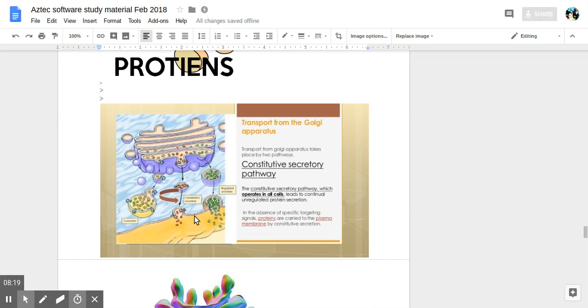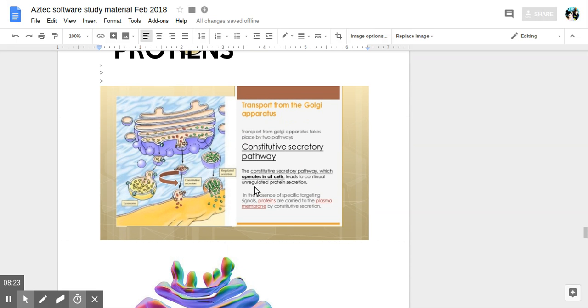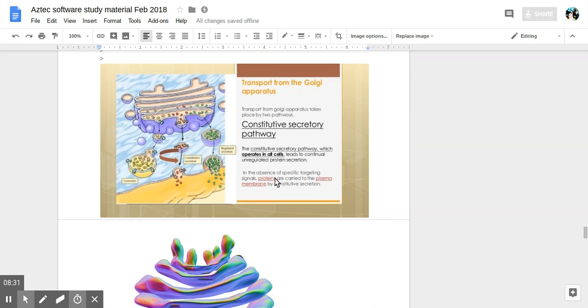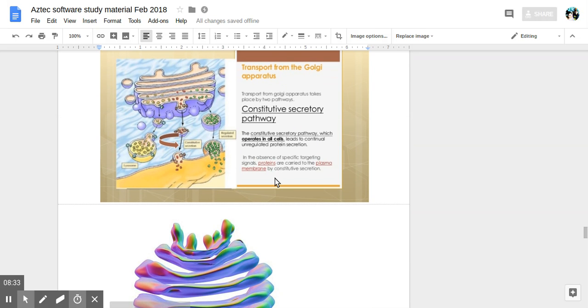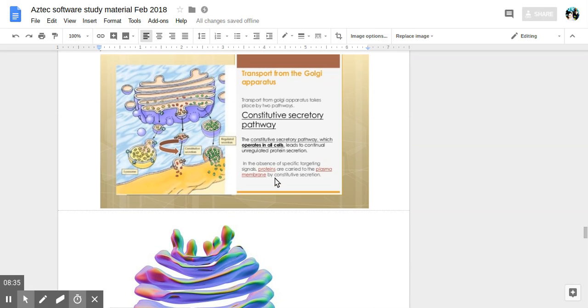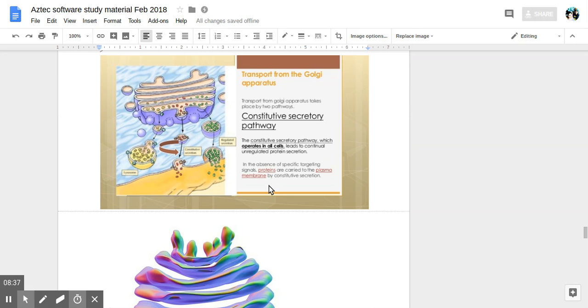Transport from the Golgi apparatus takes place by pathways of constitutive secretory pathway. The constitutive secretory pathway operates in all cells, leading to continual unregulated protein secretion. In the absence of specific targeting signals, proteins are carried to the plasma membrane by constitutive secretion.